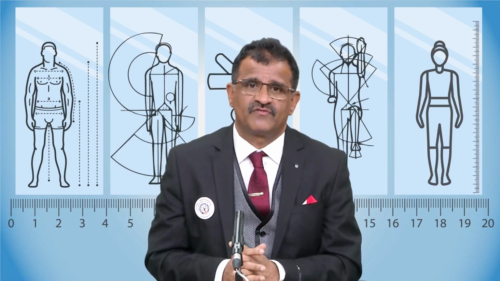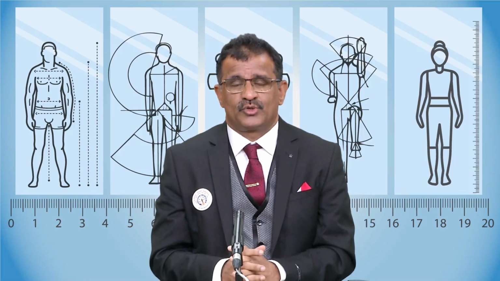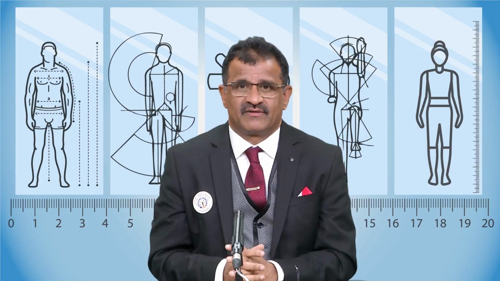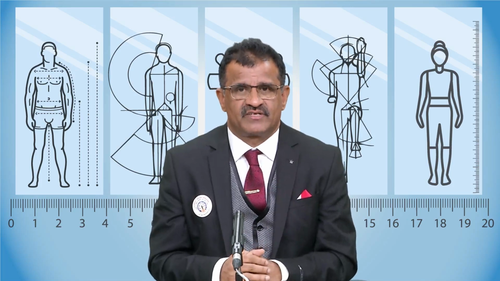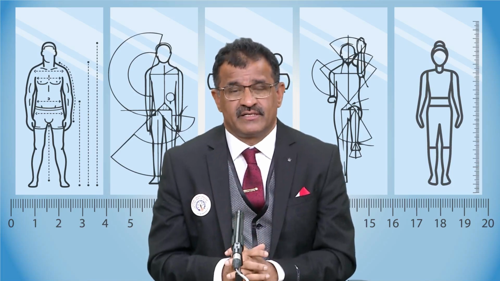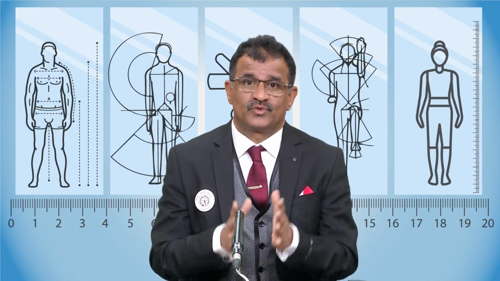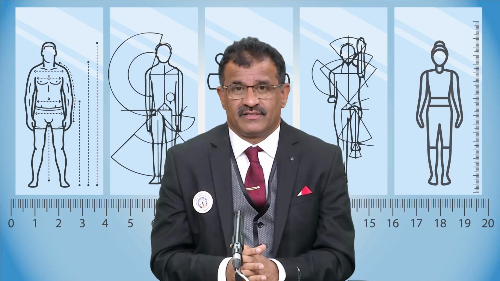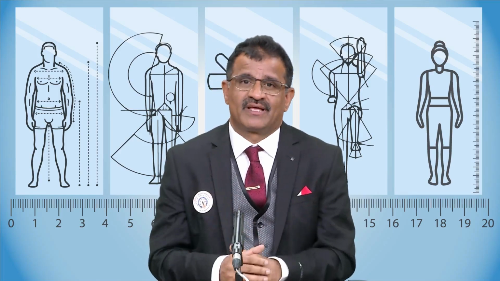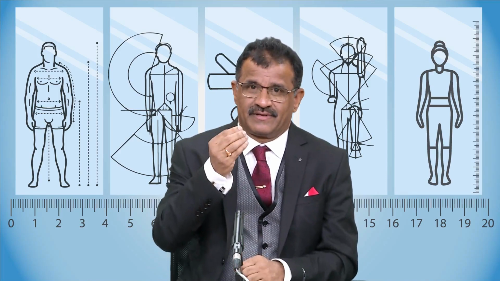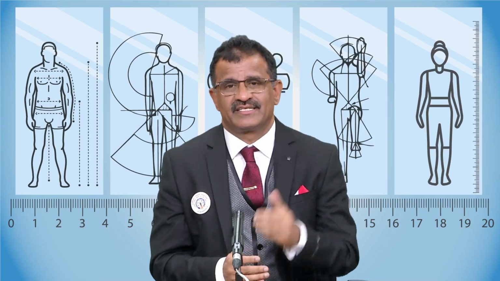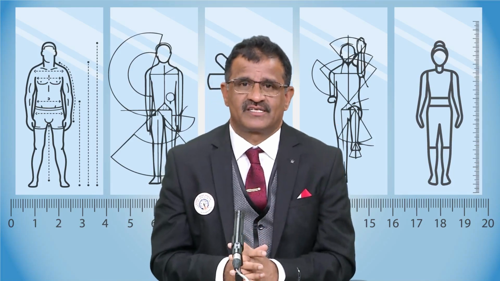And probably because of this, I thought to give anthropometry subject for selection to the National Commission for Homeopathy, and they have selected this subject, and so we are here to study this subject. You all know that this subject has to be studied in an online mode after getting registered with the students portal of the National Commission for Homeopathy.